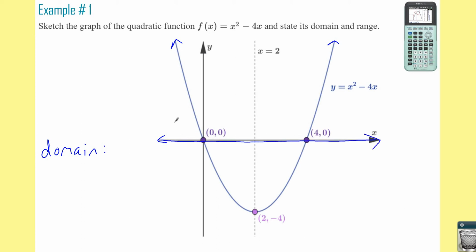I know x can keep going to the left and keep going to the right, so it's always going to be all real numbers. In interval notation that would be negative infinity to infinity, or just state all real numbers.